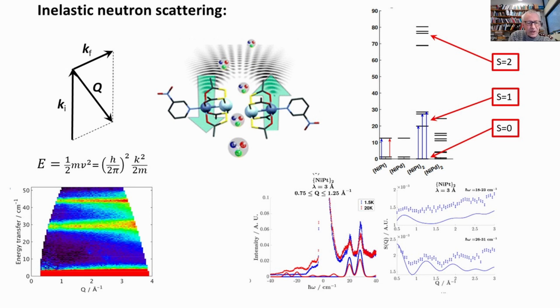See, most neutrons come out with exactly the same energy as they came in with, but some neutrons have lost an energy here on the ordinate, and they are horizontal lines in this diagram, meaning that these excitations are localized, that is within a molecule.